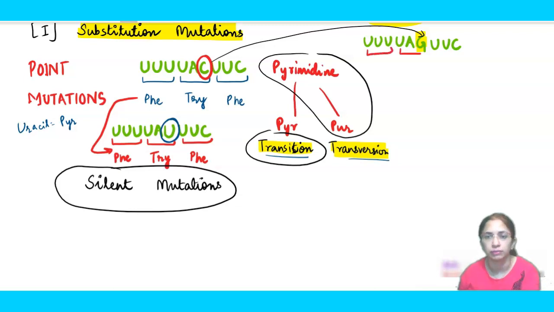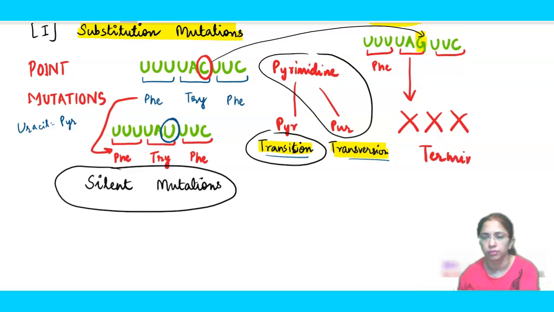So again we will be making the triplets. U again will code for phenylalanine. Remember, here UAG has come, cross, cross, cross, and this means what? Halt in the termination process. That means there are no amino acids which code for this codon UAG.